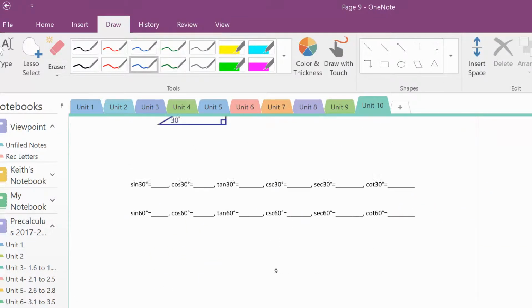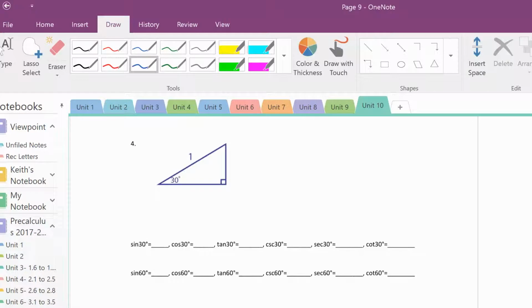Now, just like we did with the 45, 45, 90, putting this in terms with a hypotenuse of 1, remember this is 1/2, and this is rad 3 over 2, going back to when we did that previously. So the sine of 30 would just be 1/2 over 1, or 1/2.